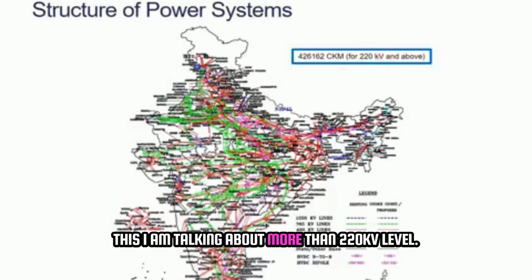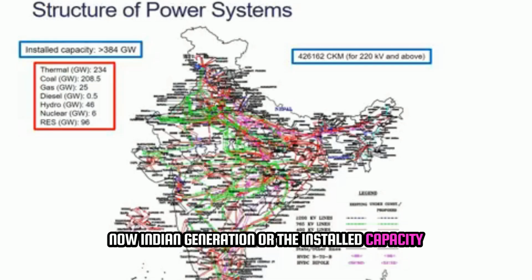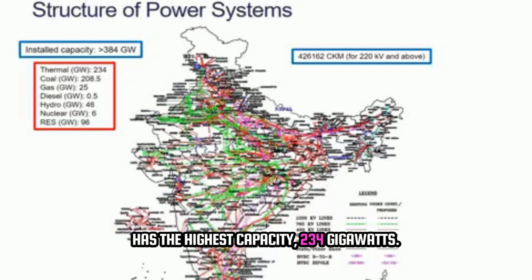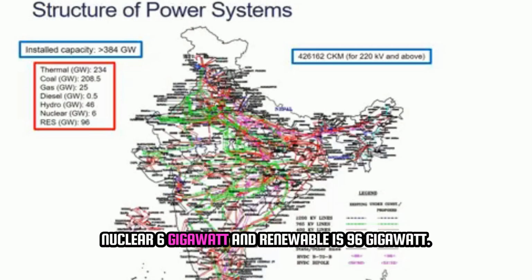I'm talking about 220 kV level and above. Now, the Indian installed capacity is more than 384 gigawatts, with thermal having the highest capacity, 234 gigawatts. Thermal includes coal, gas, and diesel. And then hydro is 46 gigawatts, nuclear 6 gigawatts, and renewable is 96 gigawatts.